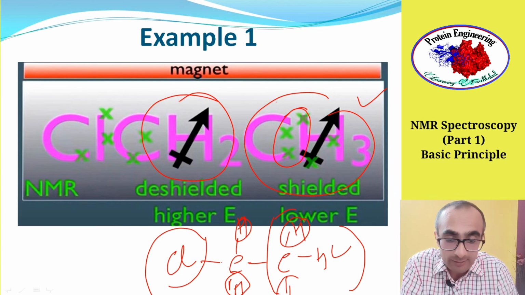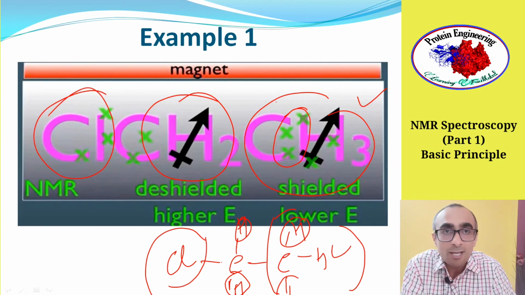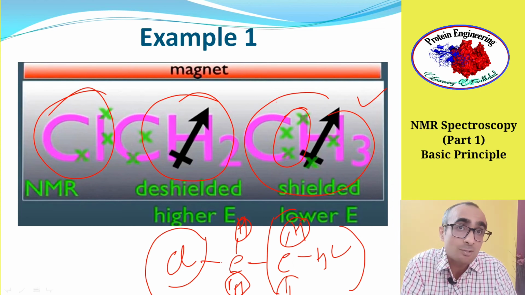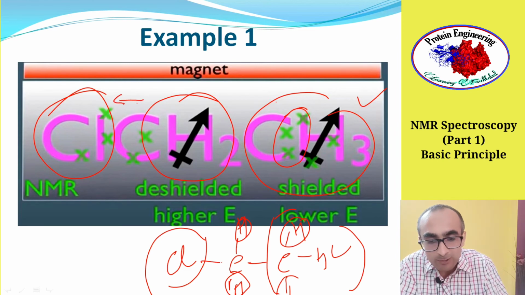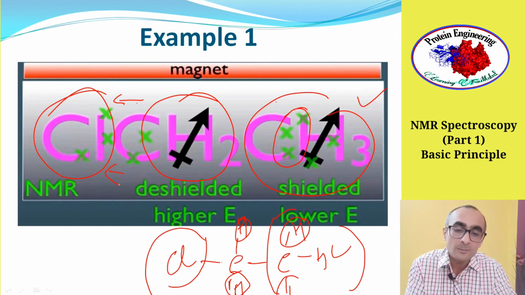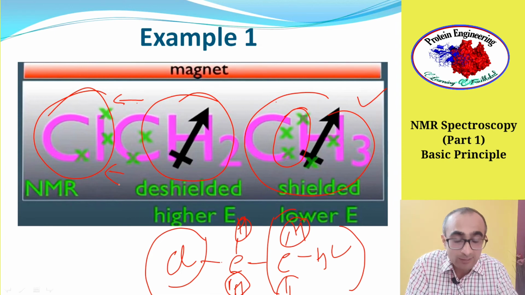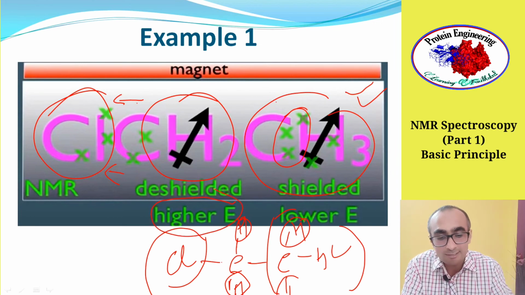Why are they deshielded? Because they have a Cl atom in the neighborhood, and we know that Cl is more electronegative, so Cl will pull the electrons of carbon towards itself, so there would be fewer electrons in the vicinity of these methylene protons. So these methylene protons are deshielded in comparison to the methyl group protons, so they will absorb higher energy in turn.